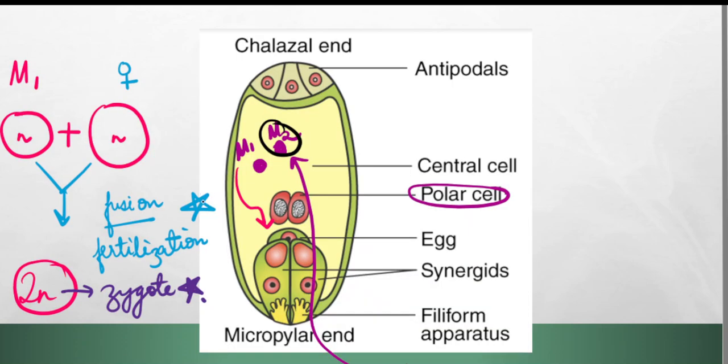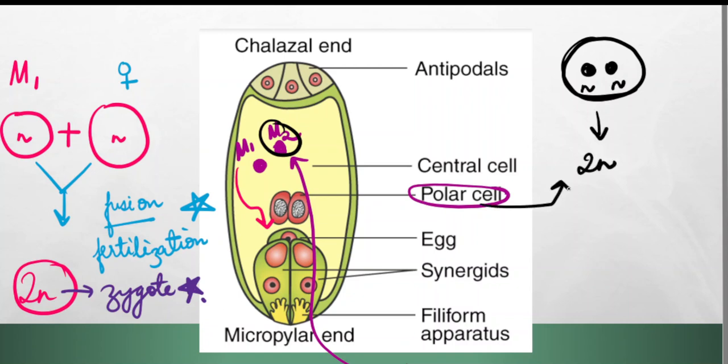If you see here, the polar nuclei are actually not fused. It has one cell wall, and inside you have two nuclei. This nucleus is haploid and this nucleus is haploid, so we say it is diploid. So the polar nuclei cell is a diploid structure.